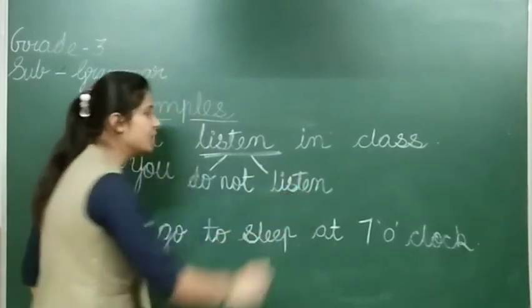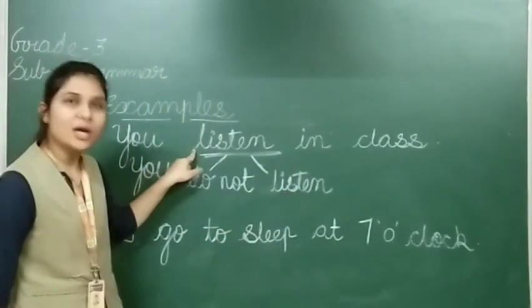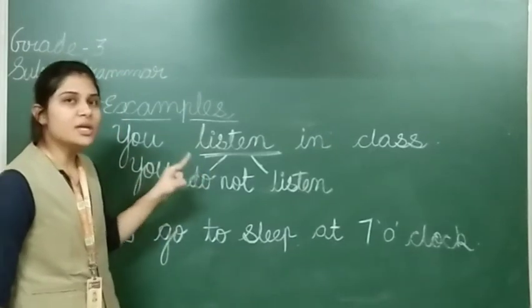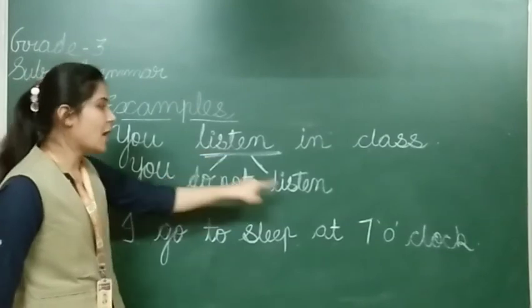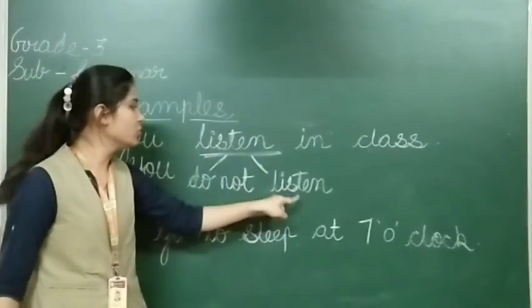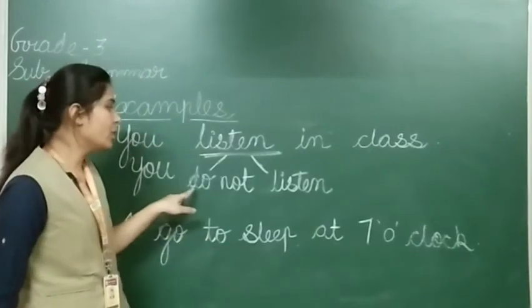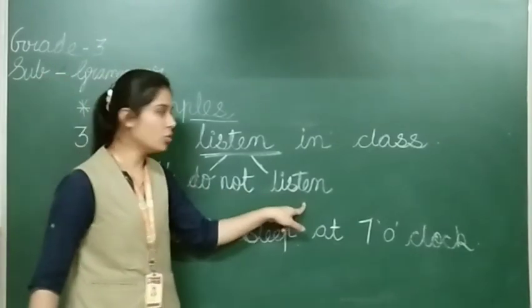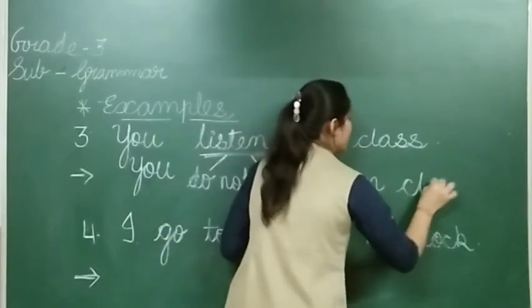So listen का listen ही लिखा है because here already जो यहाँ पे verb दिया हुआ है listen means plural के साथ जो हम verb लिखते थे it was in simple form only. So यहाँ पे भी same लिखेंगे simple. So there is no need to make any changes in there. यहाँ पे plural है तो do not listen. Okay. Now same we have to write from question in class.